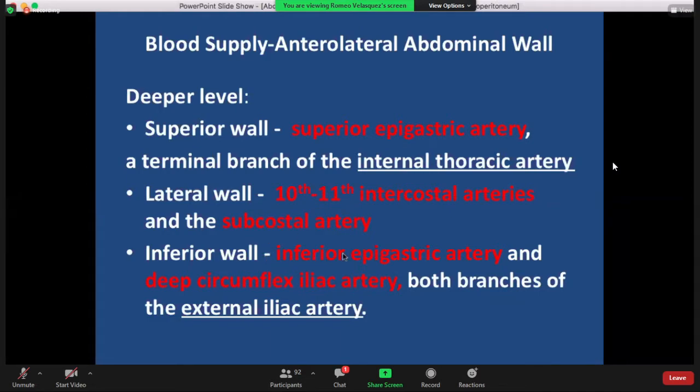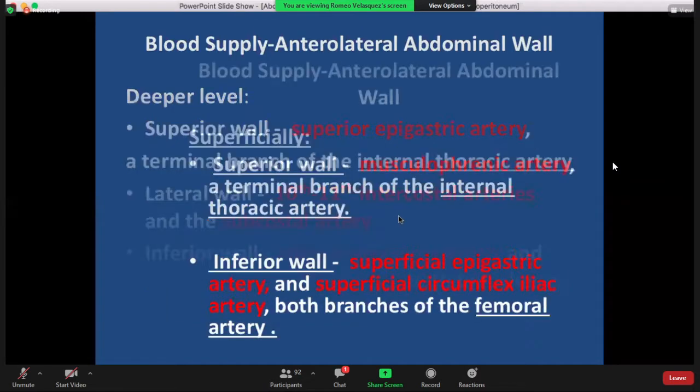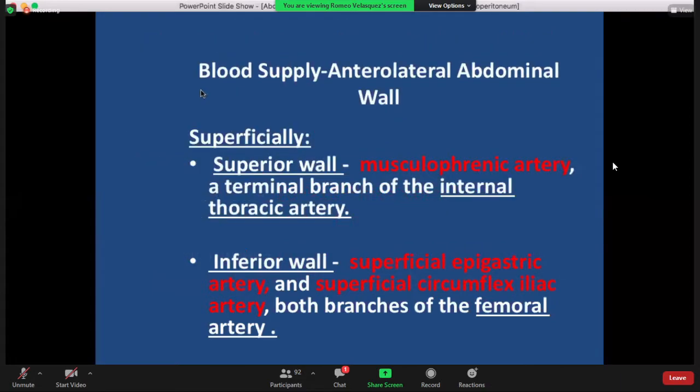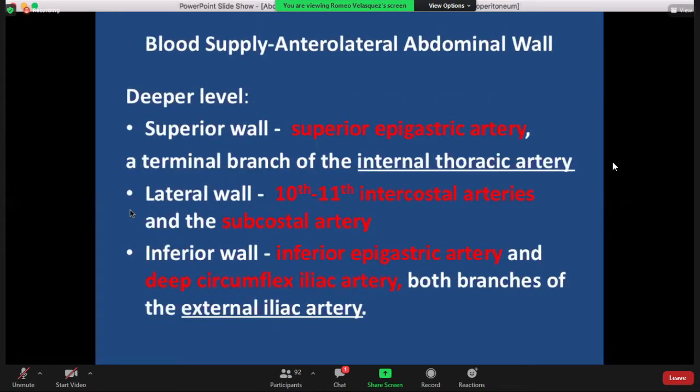Inferior wall, inferior epigastric artery and the deep circumflex iliac artery, both branches of the external iliac artery. So basically, those are the named arteries for the superficial and the deeper level of the anterolateral abdominal wall.